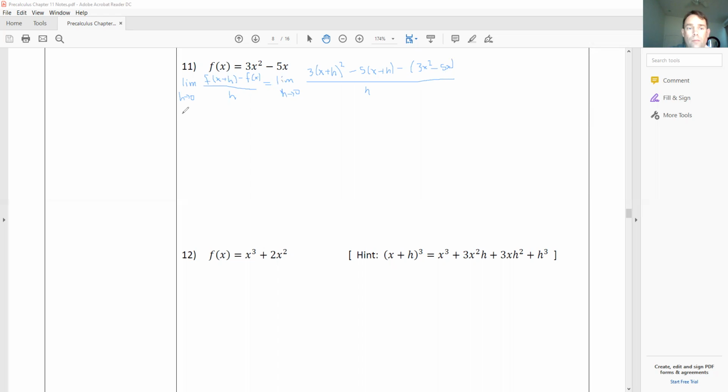So we're going to clean that up a little bit here. x plus h squared is x squared plus 2xh plus h squared, and then I'm going to distribute the 3. So that becomes 3x squared plus 6xh plus 3h squared minus 5x minus 5h minus 3x squared plus 5x.